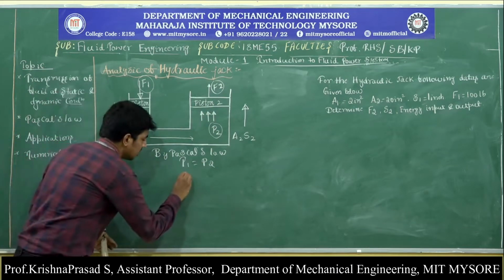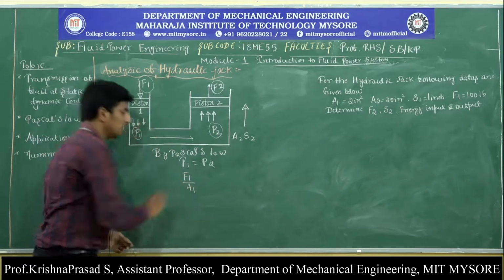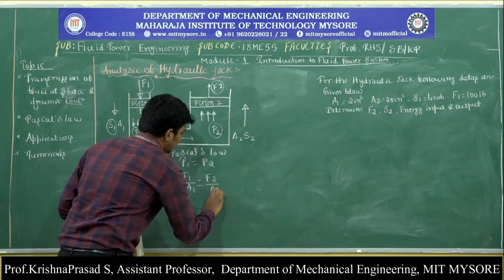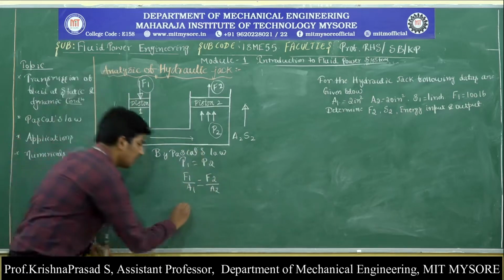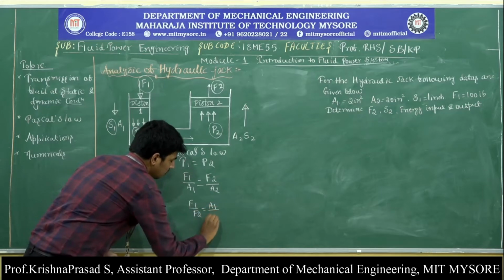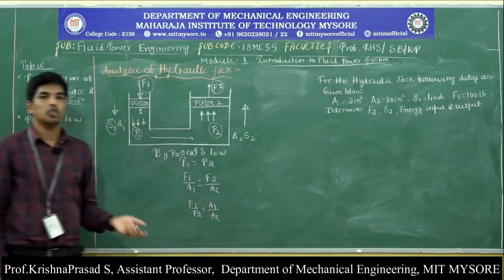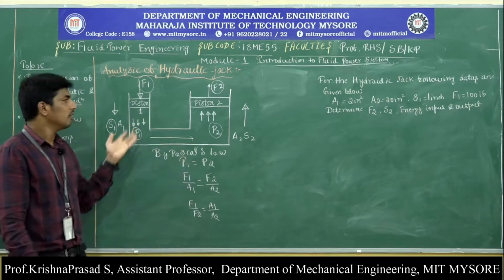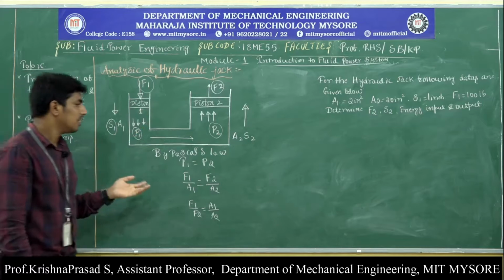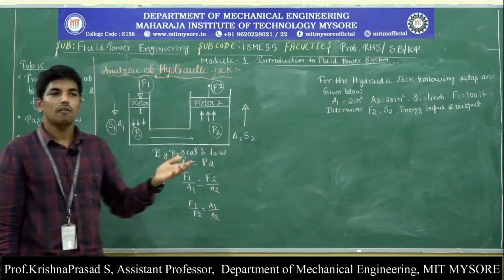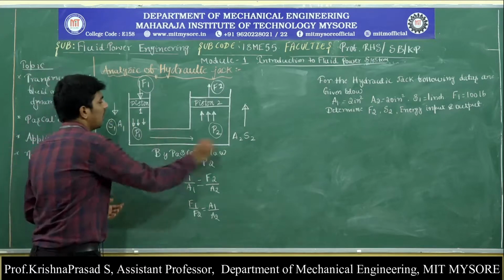P1 is nothing but F1 by A1. Similarly P2 is equal to F2 by A2. Therefore I can write F1 by F2 is equal to A1 by A2. This relation is used to determine the force or area in the case of the hydraulic jack.